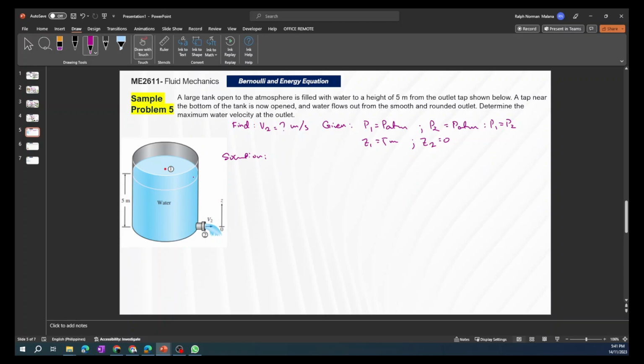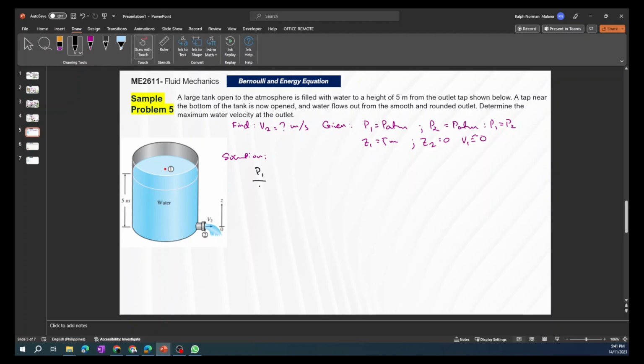We can also assume that the water is draining slowly enough that our V1 is practically zero. Okay. And P1 and P2 are going to be exposed to atmosphere. So we write now our equation in head form. That's one of the forms that we can use.